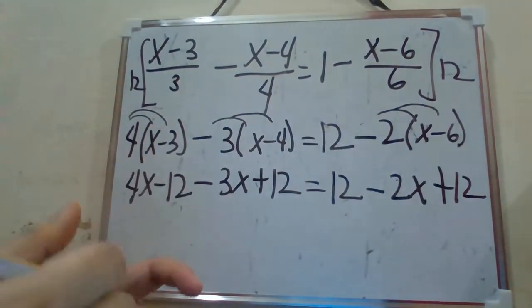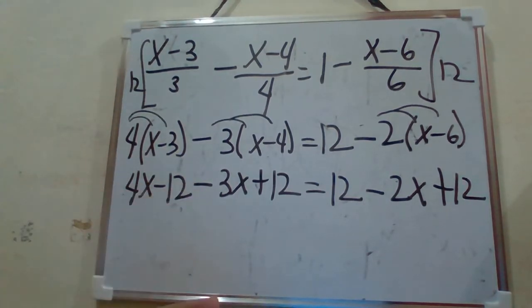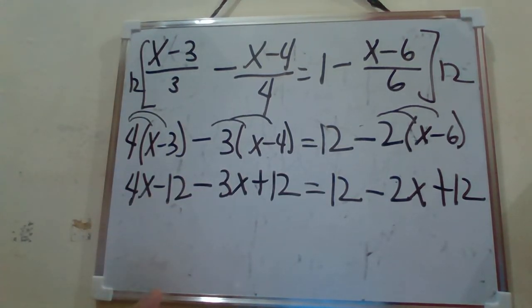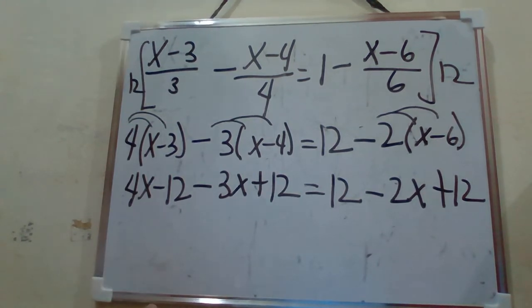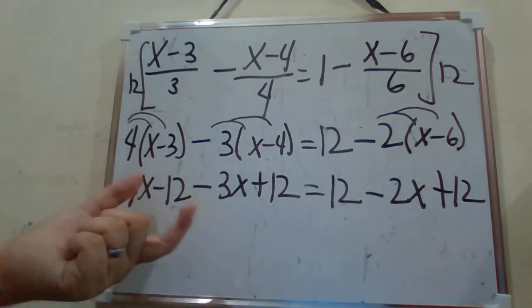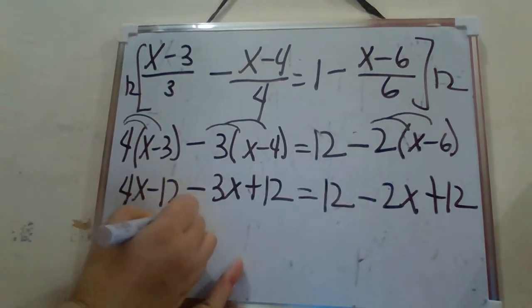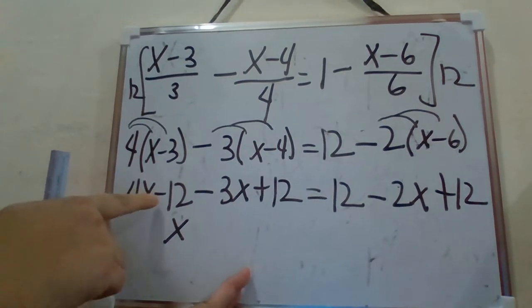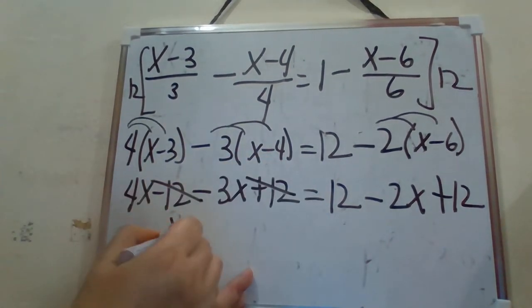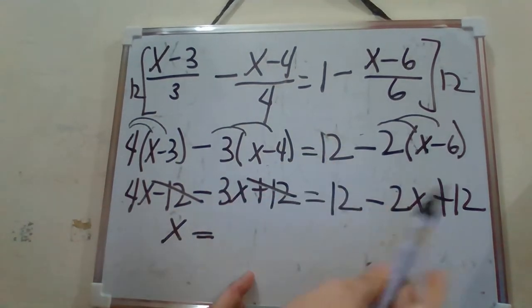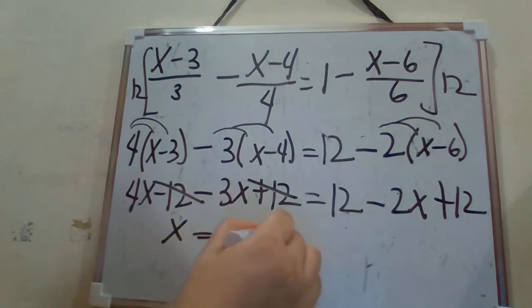Now let's do the grouping. We do the addition and subtraction for the same terms. 4x minus 3x is x. Negative 12 plus 12 is 0. So it becomes x equals 12 plus 12 is 24 minus 2x.